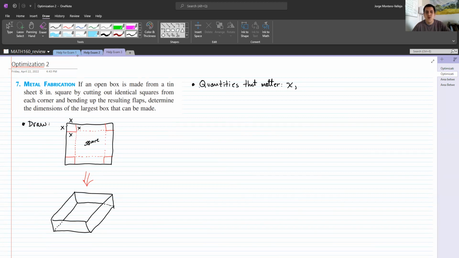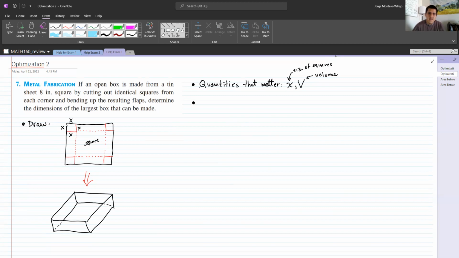By finding the largest box, they mean optimized volume, like give me the maximum volume that this box can have. So V is another letter that we want to choose for that. So these are two: size of squares that are cut out, and then the volume. Okay, so those are the quantities that matter.